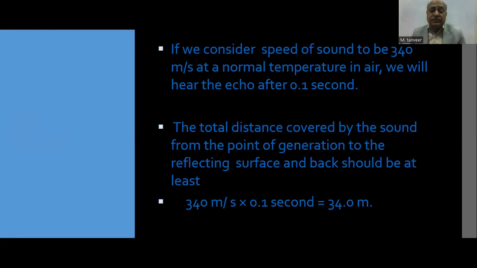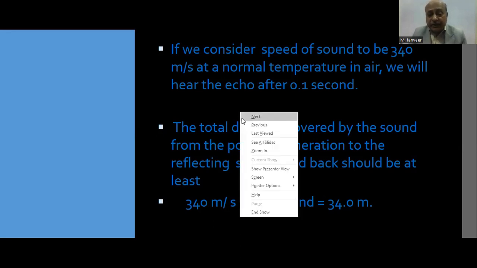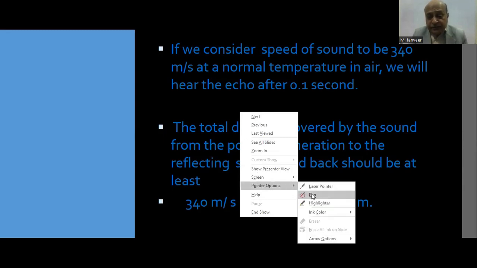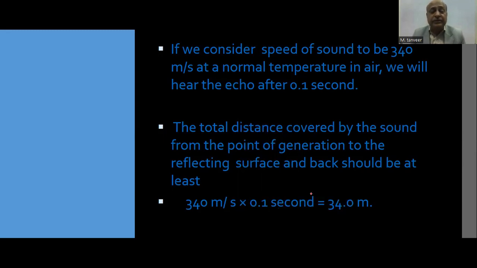The total distance traveled by the sound from the point of generation to the reflecting surface and back should be at least 340 multiplied by 0.1 second. We know that the speed of sound is 340 meters per second, and the formula for speed is V equals distance divided by time.